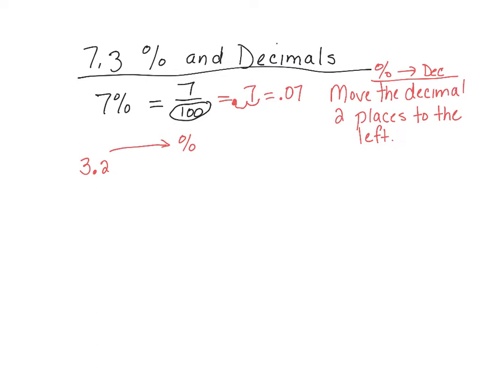If you moved it two places to the left going to a decimal, Jacob? That's right. If it's a decimal and you're turning it into a percent, you move the decimal two places to the right. That is the rule.